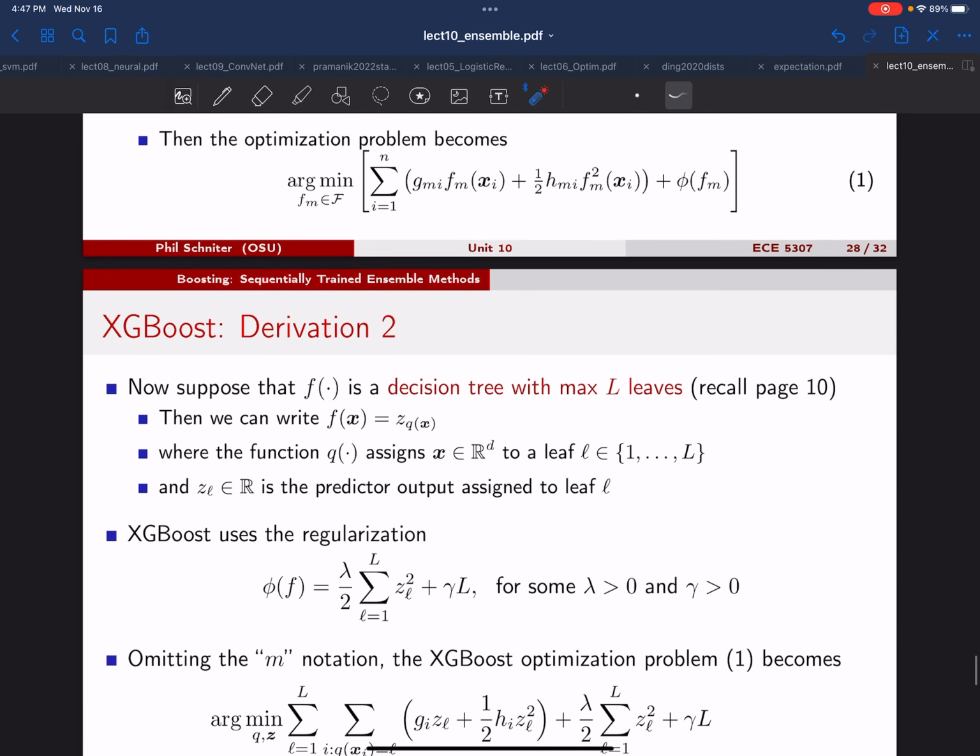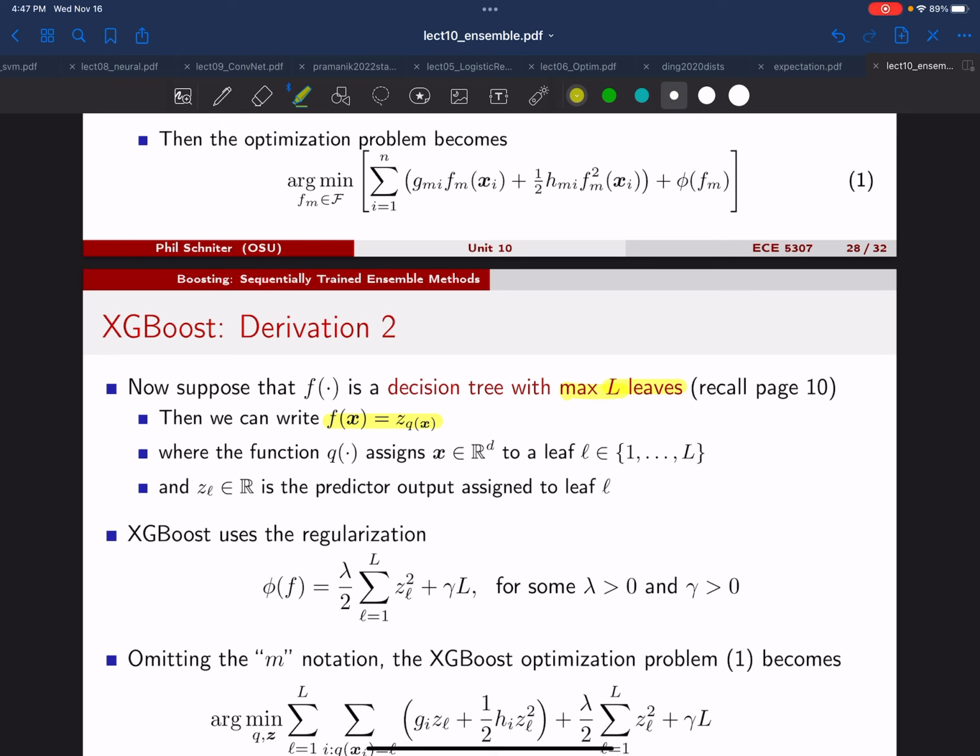So we're going to now focus specifically on decision trees as our predictor, and we're going to say that the max number of leaves in our decision tree, we're going to give that the name L. This is just the notation. Also, importantly, remember that we can think about a decision tree in basically two stages.